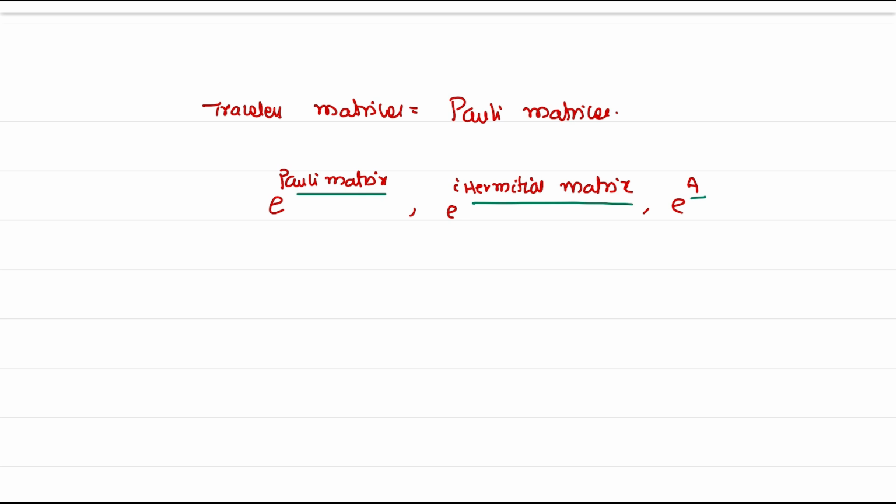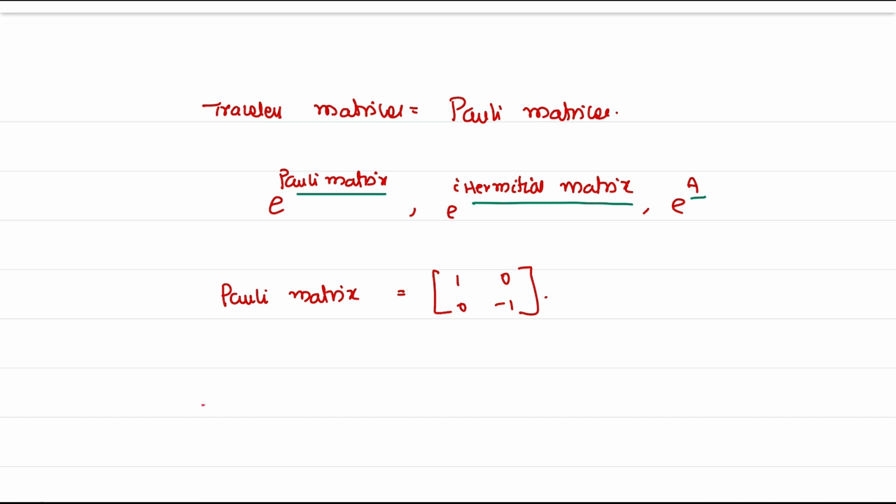For example, if you take some Pauli matrix, what is the Pauli matrix? Traceless. 1 0 0 minus 1. I told you just now.